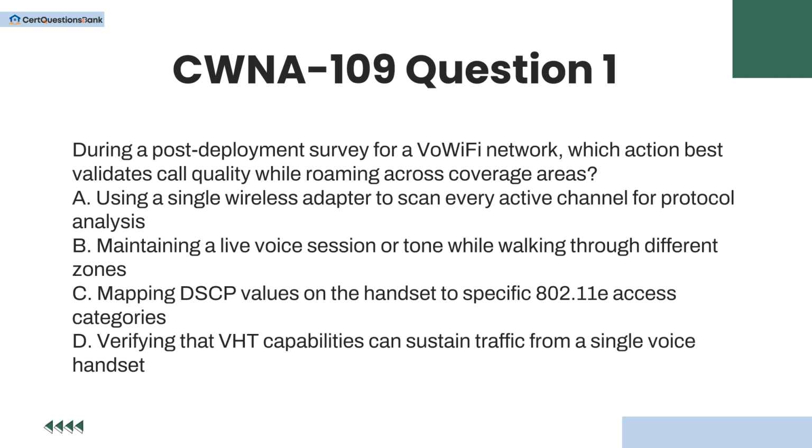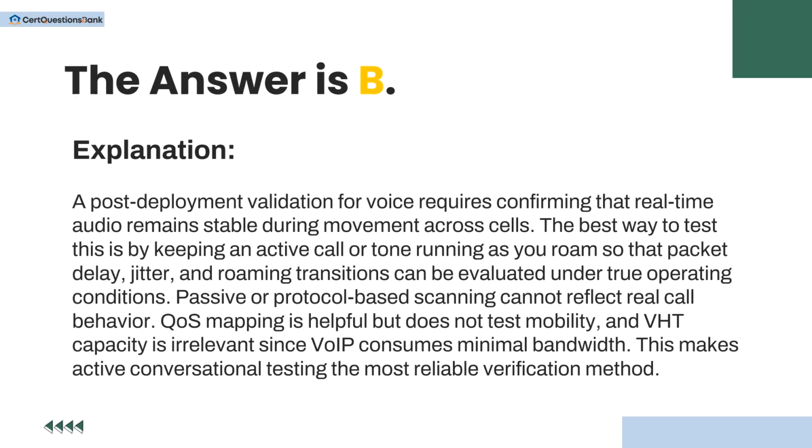C. Mapping DSCP values on the handset to specific 802.11e access categories. D. Verifying that VHT capabilities can sustain traffic from a single voice handset. The answer is B.